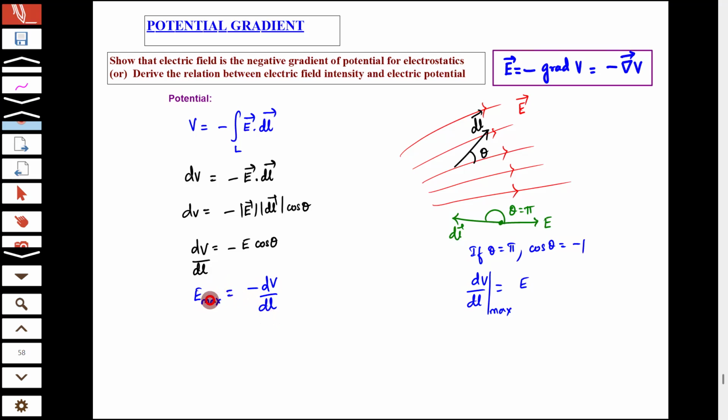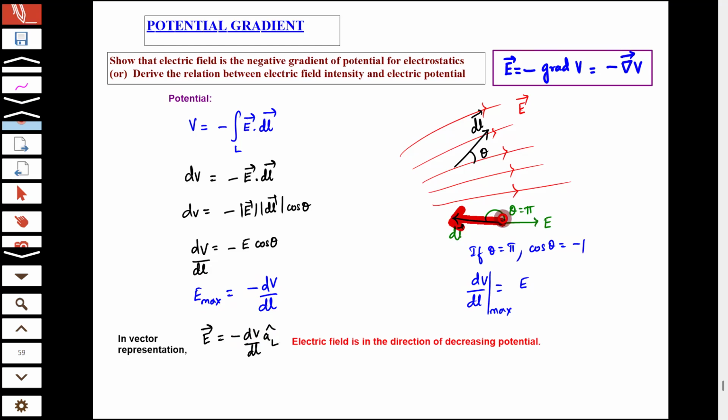And we can write that the direction of E and dV by dl are opposite to each other. So we can write in the vector form as E vector is minus dV by dl a_L cap, where this a_L cap indicates the direction of variation of V. So if I consider this dl, then the direction of a_L cap is in this direction, which indicates variation of V with respect to that particular distance.